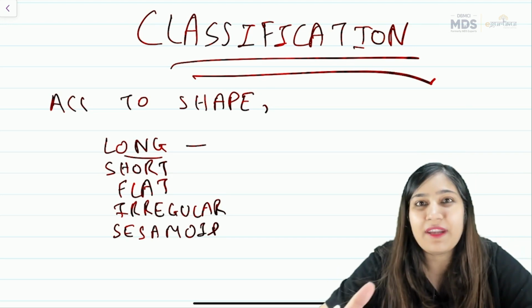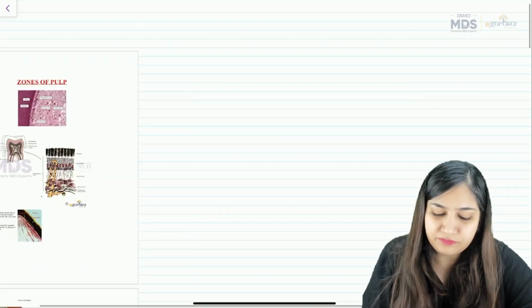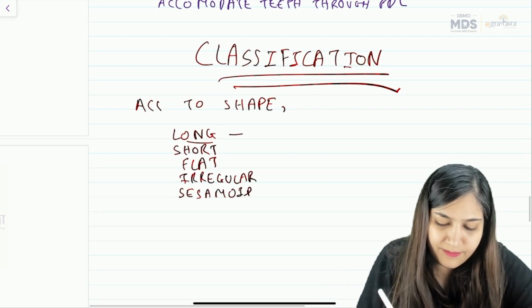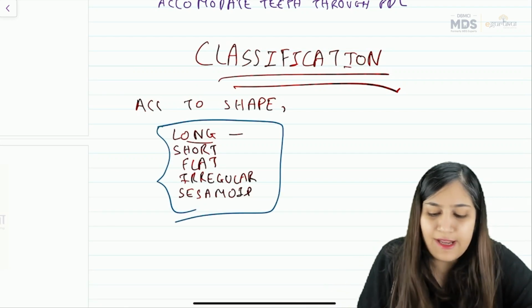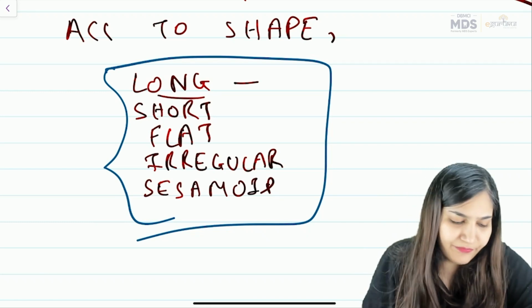Long bones may be radius, ulna, tibia. So according to shape, bones are classified as long, short, flat, irregular and sesamoid.